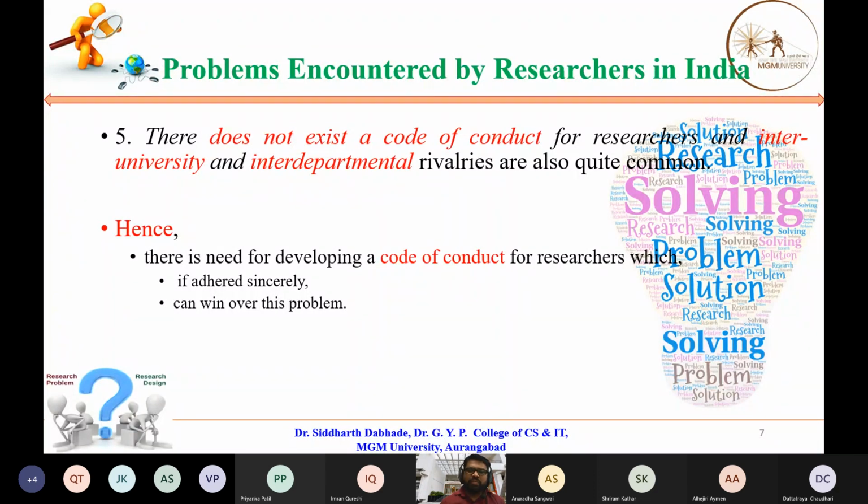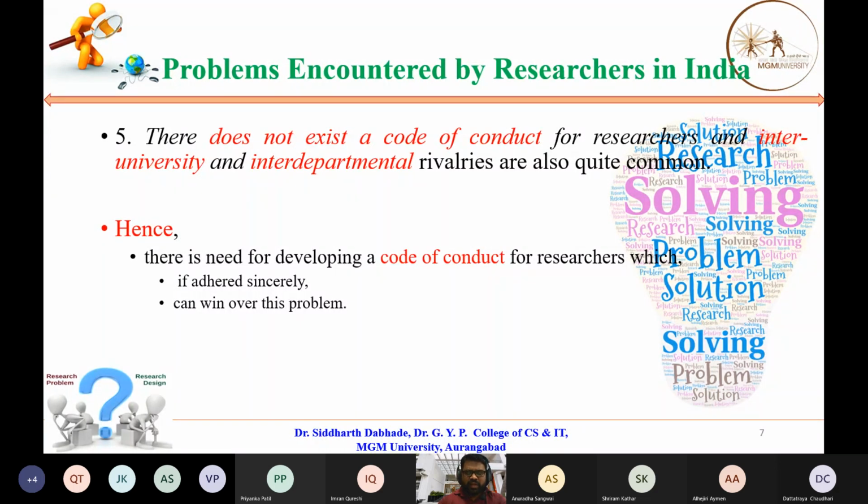That was the plagiarism problem, because a code of conduct was not present or not followed at the university and departmental level. Therefore we need to declare a code of conduct and follow all the research ethics.